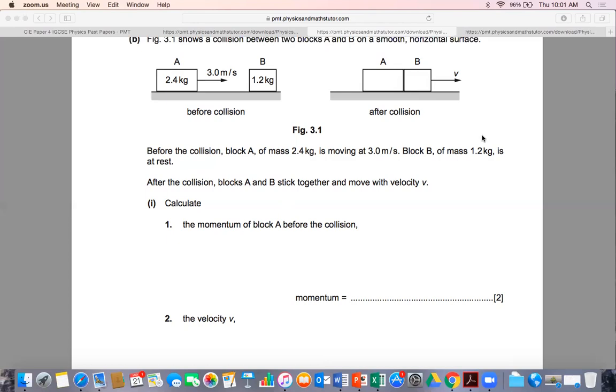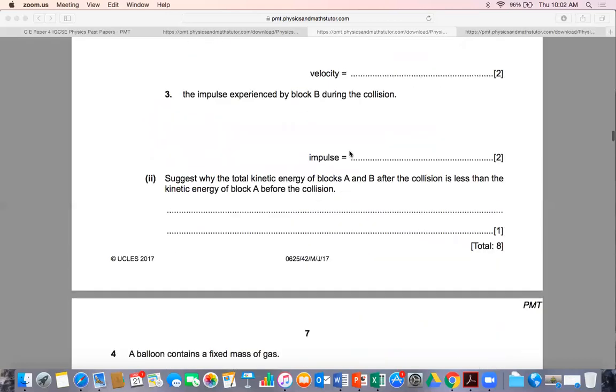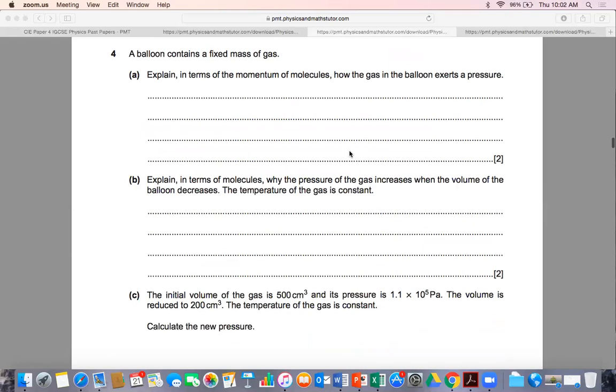After collision, I take 7.2 divided by the total mass, which is 2.4 plus 1.2, which is 3.6. The answer is 2 meter per second.